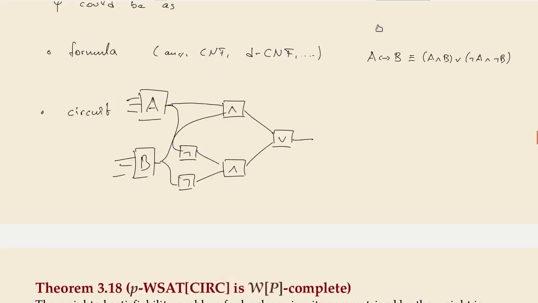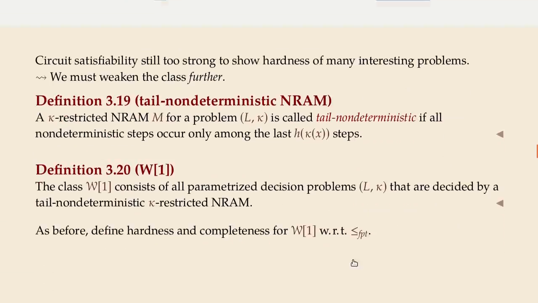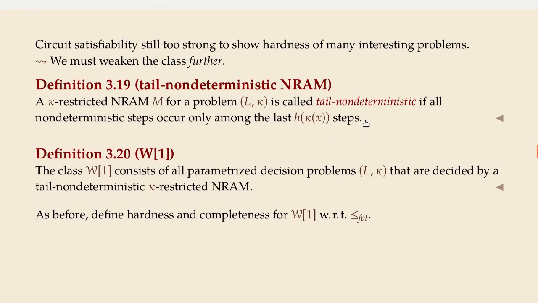So we only allow the last h of k steps to be nondeterministic. And now W1 is the class of all the problems that can be solved by such a machine that only uses these tail nondeterministic computations.